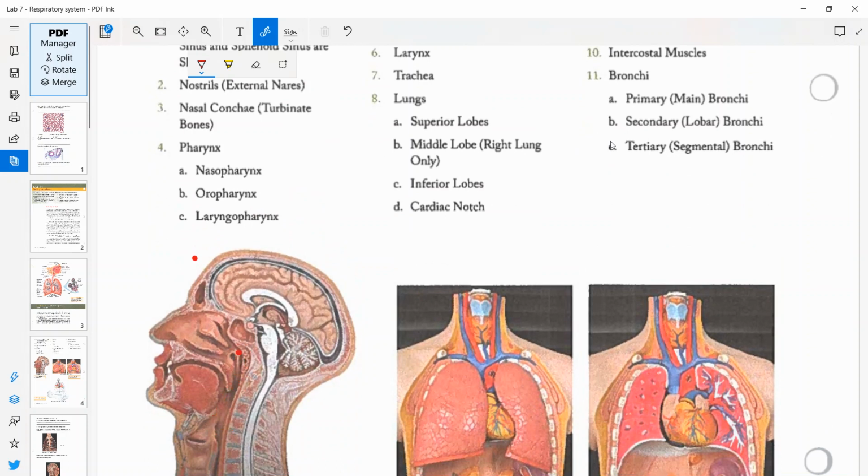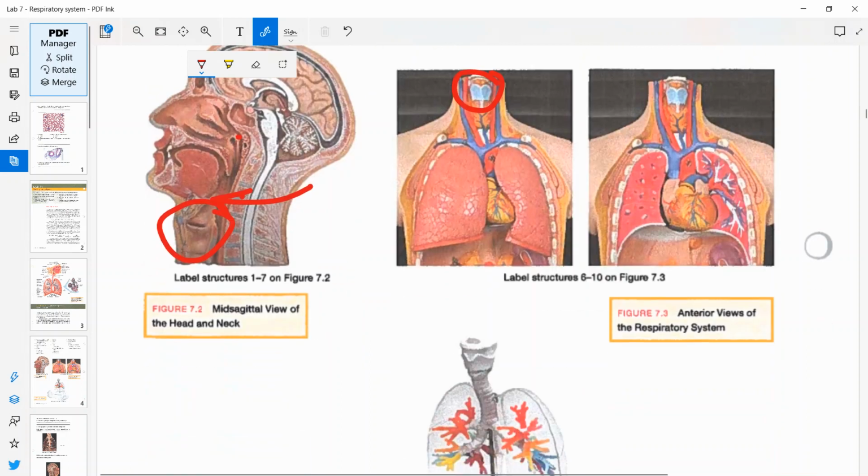And epiglottis, you can see epiglottis here, and this is your larynx here, and you can see larynx on this image. And from larynx you can see the larynx and the trachea here.